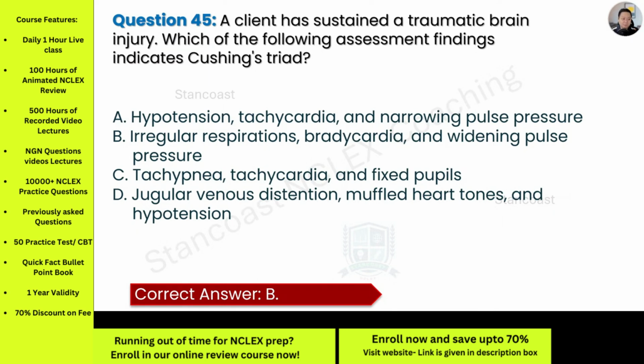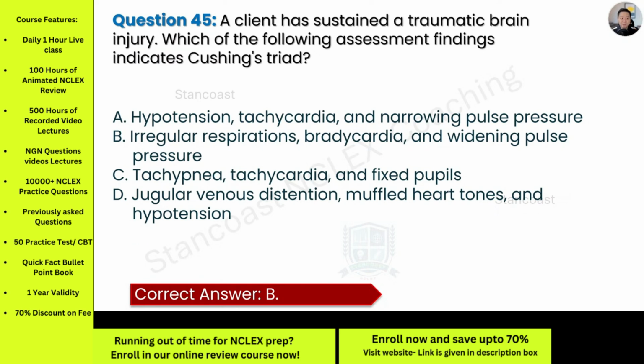Now, letter A here, hypotension, tachycardia, and narrowing pulse pressure. These are findings of shock, particularly hypovolemic or distributive type of shock, not Cushing's triad. If you select letter C, tachypnea, tachycardia, and fixed pupils, these indicate severe brain damage or brain herniation.